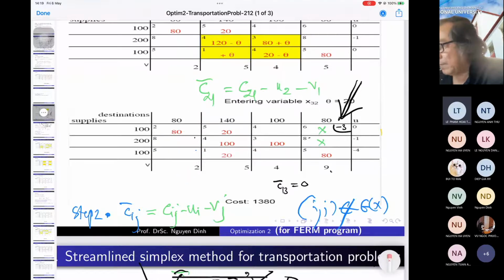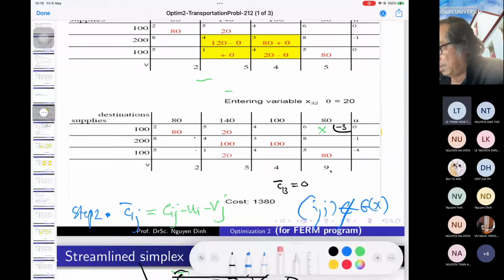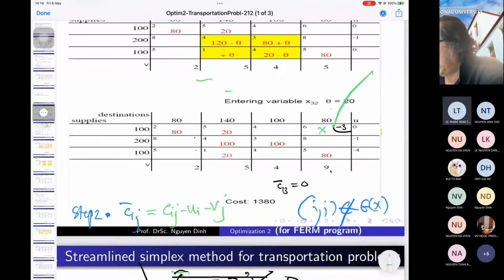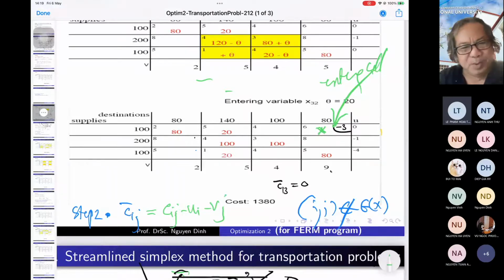Is that okay? That one is entering. This is the entering cell. If it is the entering cell, I put it here, and then it will create for you a cycle.